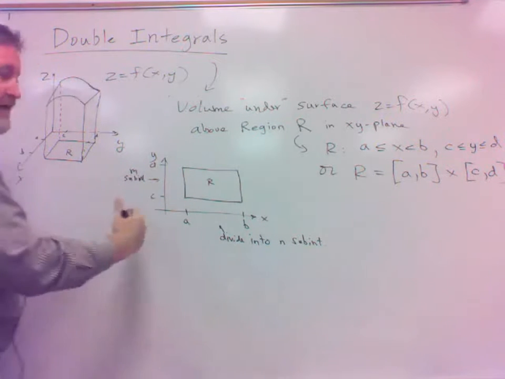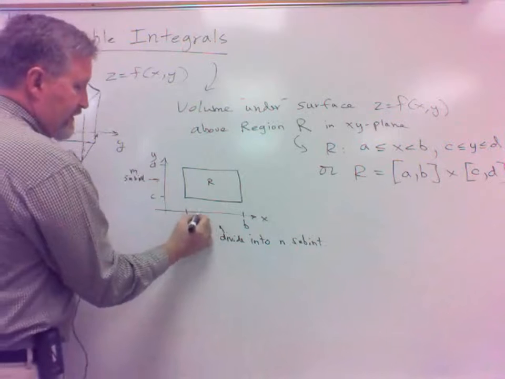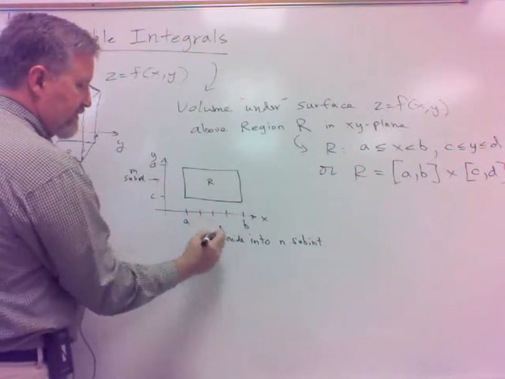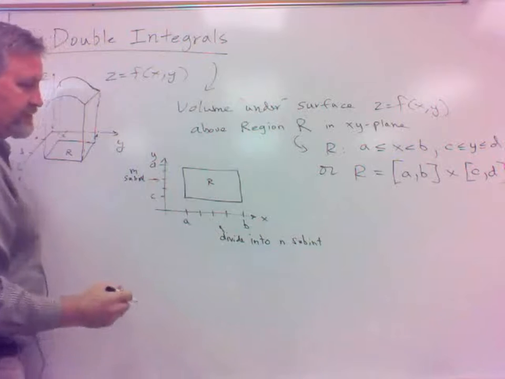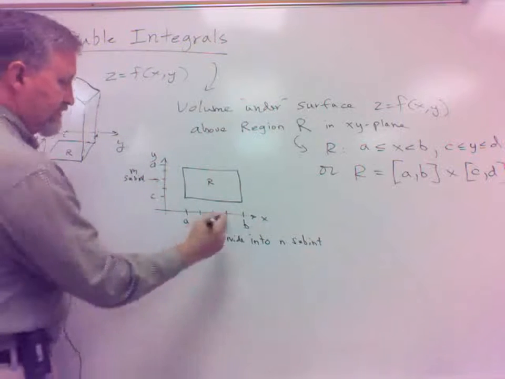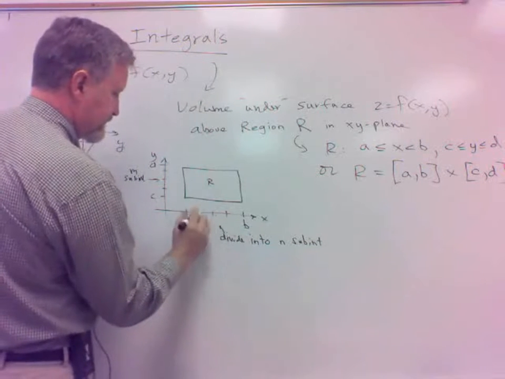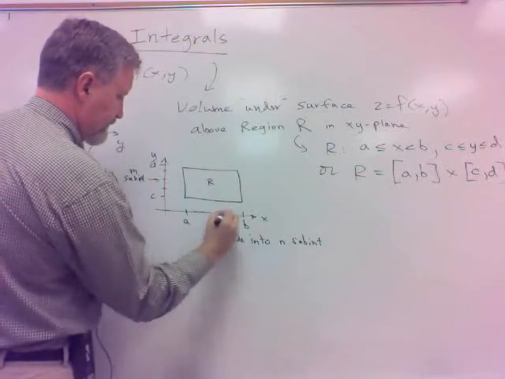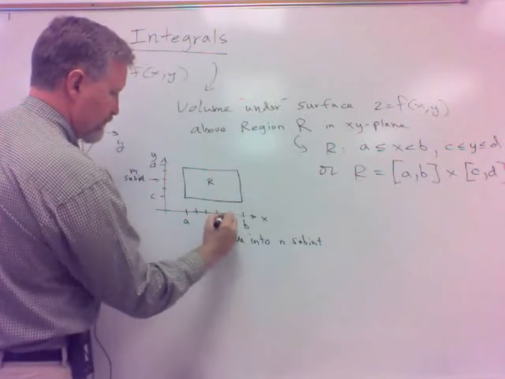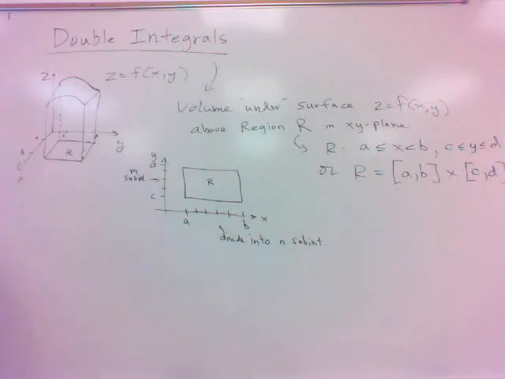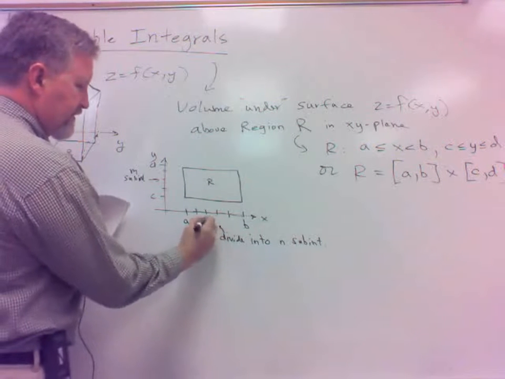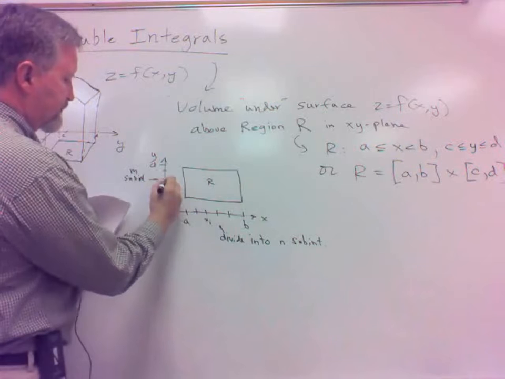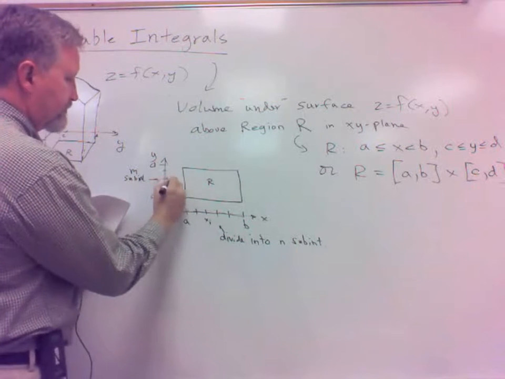Could do the same amount, but we don't have to. So we've got different amounts there. So this we'll just call x sub i, and then this one we'll call y sub j.